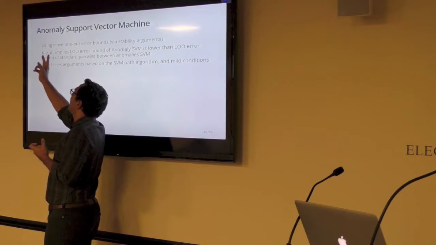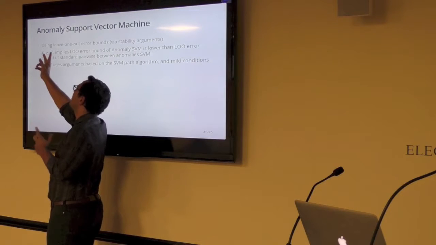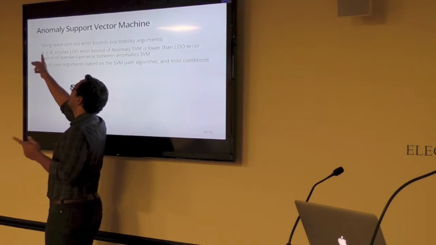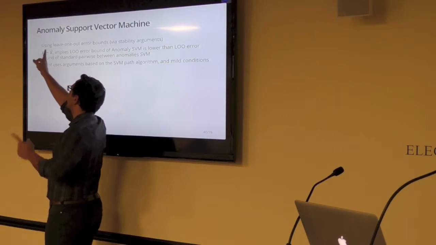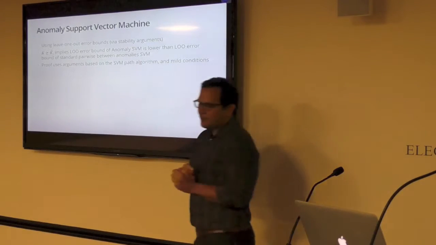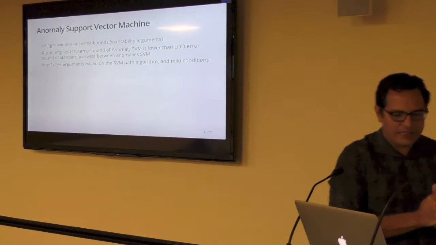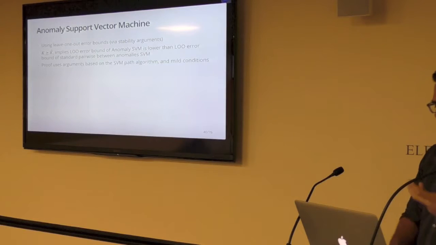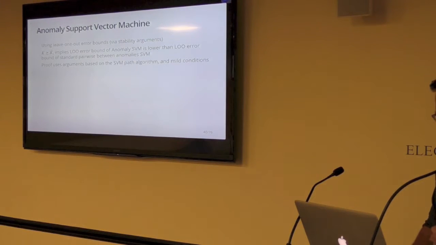That bound is determined by differences in the eigenvalues of this kernel versus that kernel. And we can use nice machinery from the SVM path algorithm, with some mild conditions, to show this.